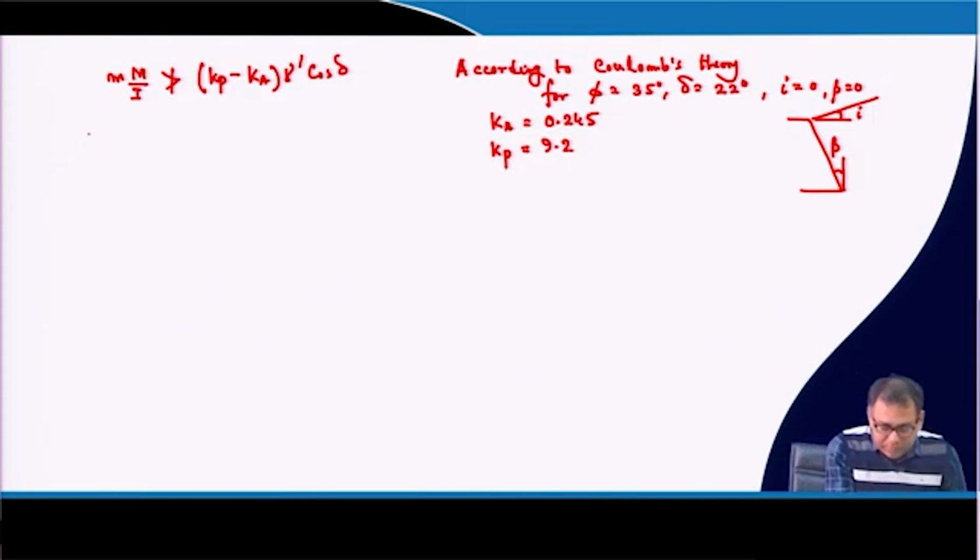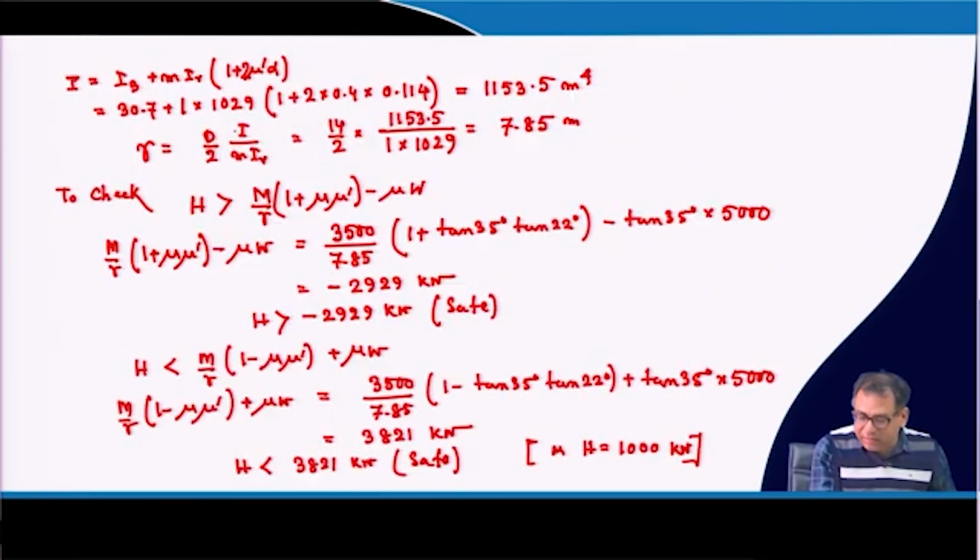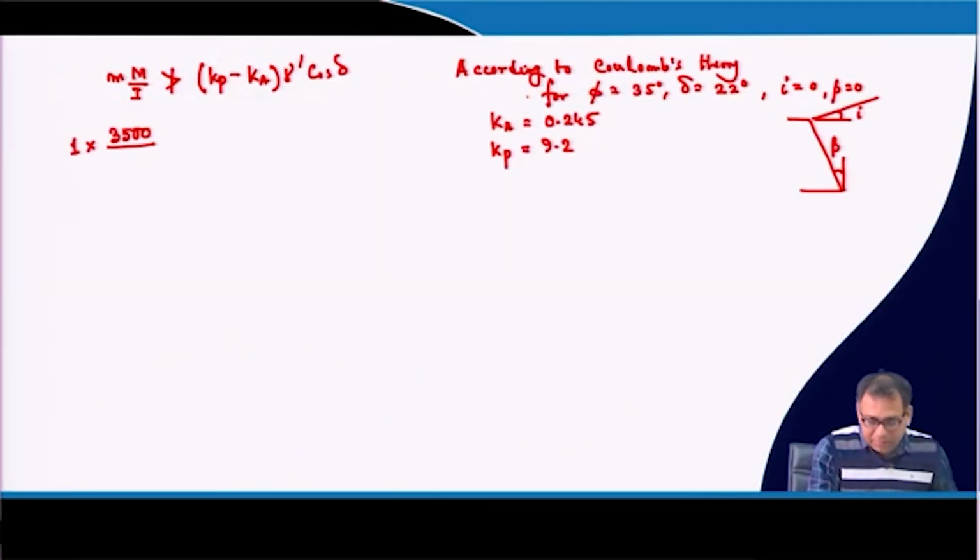So, now if I put small m equal to 1, capital M is 3500, the applied moment, and I is 1153.5.